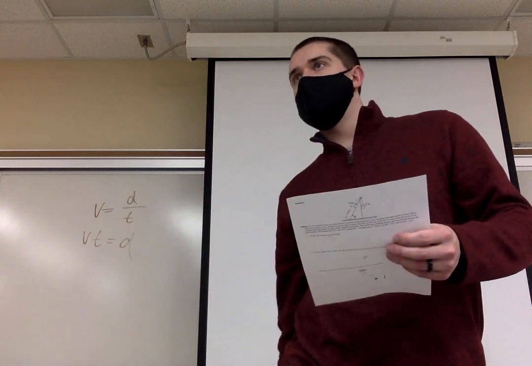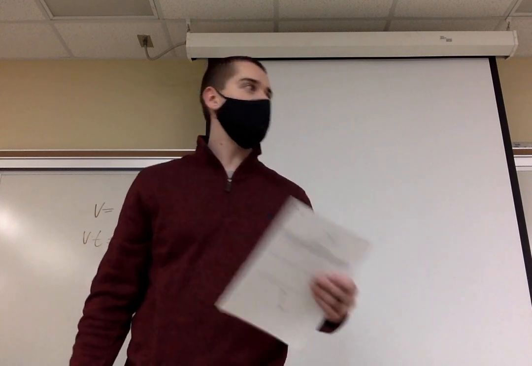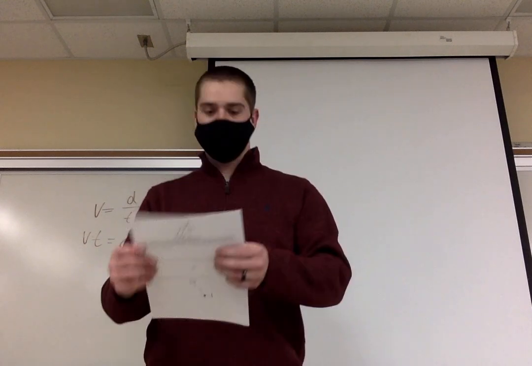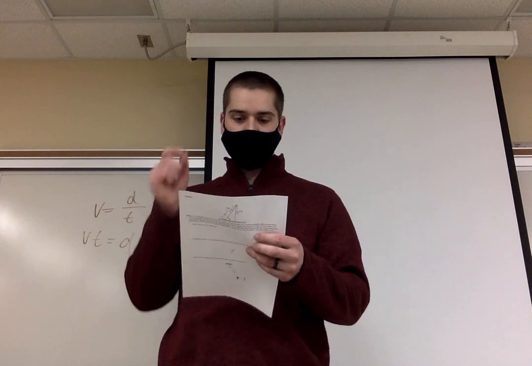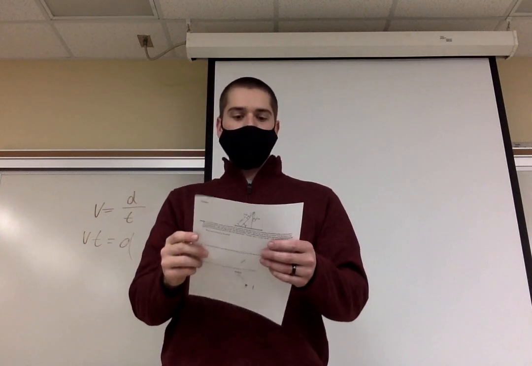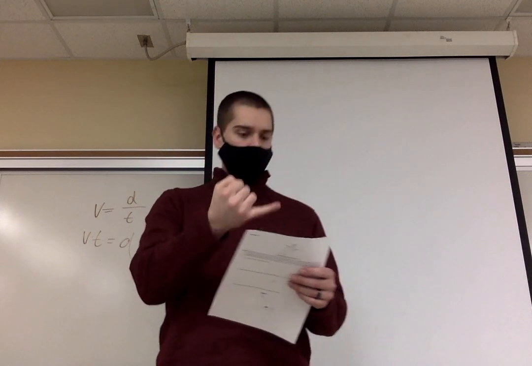So from 0 to 5, you have 0 meters per second. That's the speed at the end of that interval. What about the interval between 5 and 10 seconds? You'll notice it's accelerating. It has a constant acceleration for the entire period. That acceleration is 4 meters per second squared.